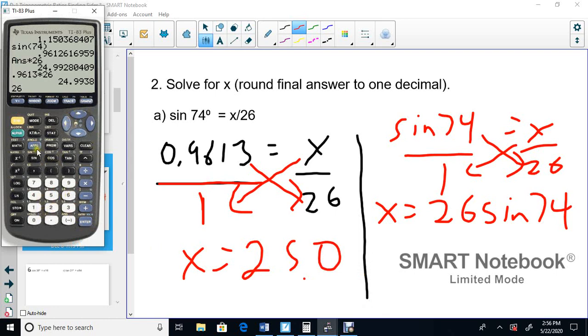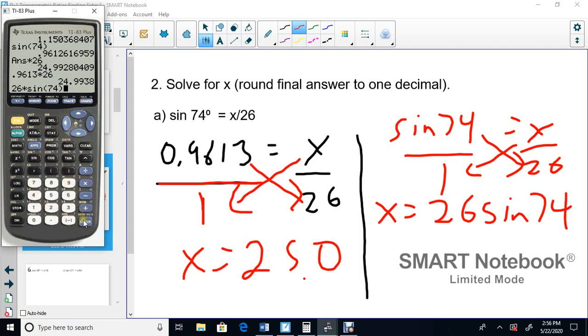In my calculator you can put times, but some you don't even have to put times, you can just write what you see, and then put sine, so sine of 74. Okay, we'll do that one more time. So 26 times sine 74.